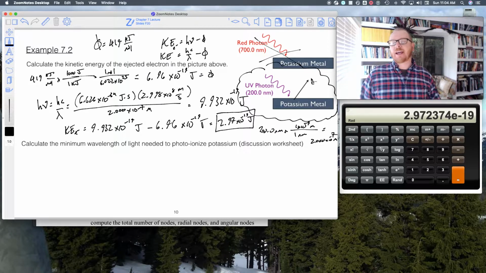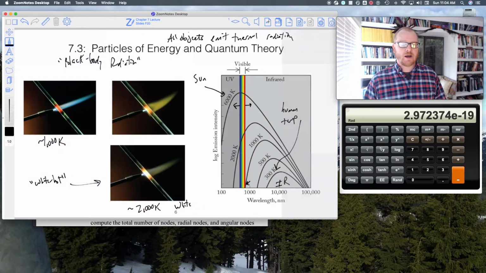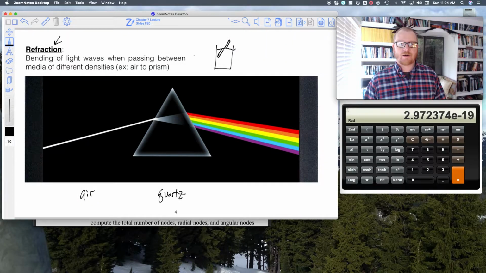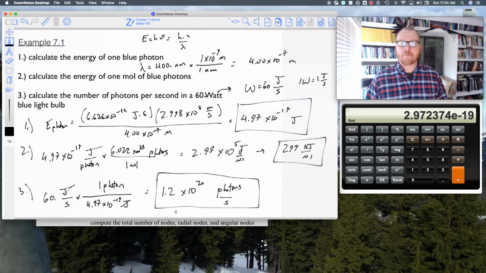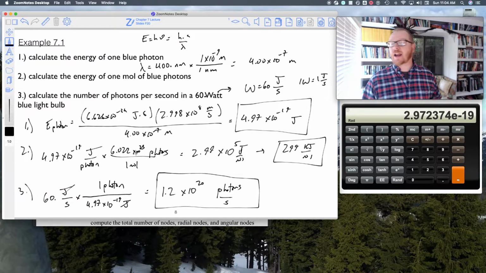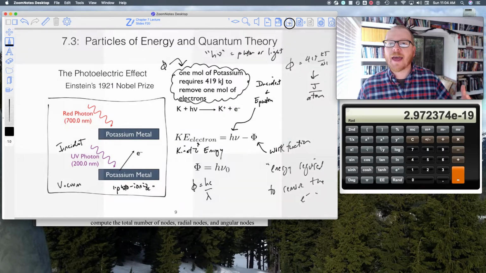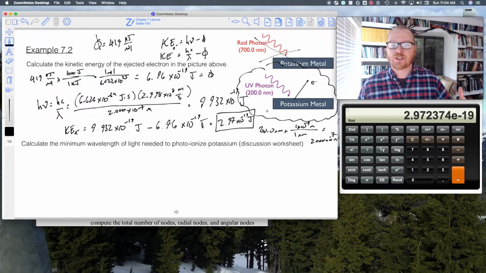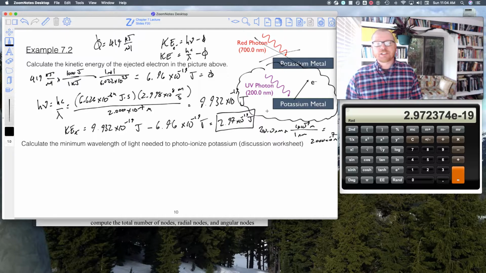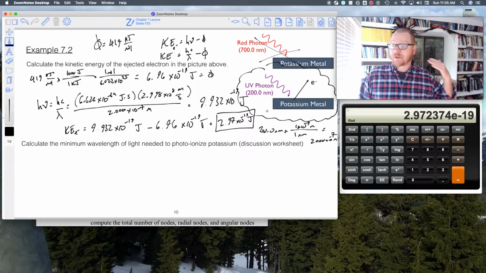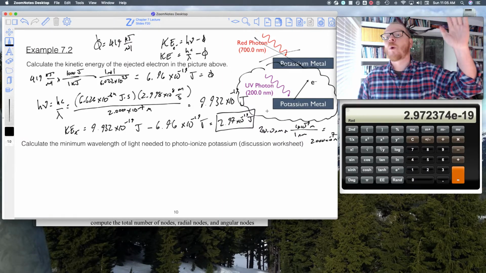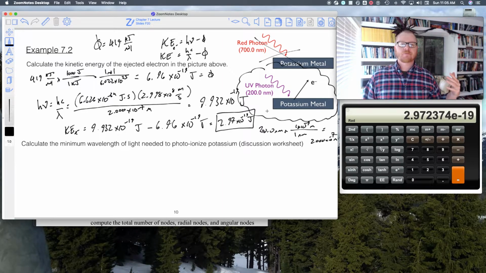And so just like we did in that previous example, going back here, I'll show you, where did it go? Maybe I passed it already. This example, right? Where we can take our energy of one photon and multiply it by a mole, and that gives me the energy of a mole of photons. So realistically, you're not going to be shining one singular photon on one singular potassium atom and knock out one single electron.